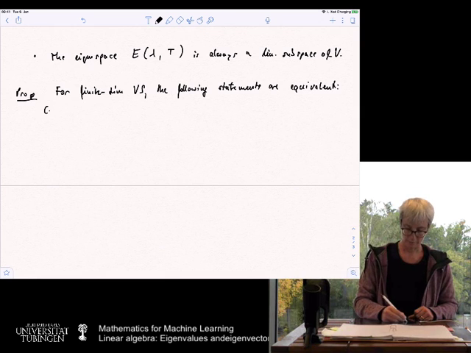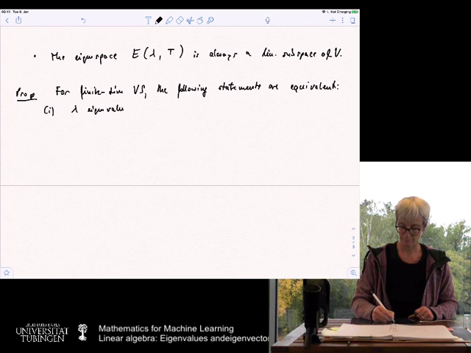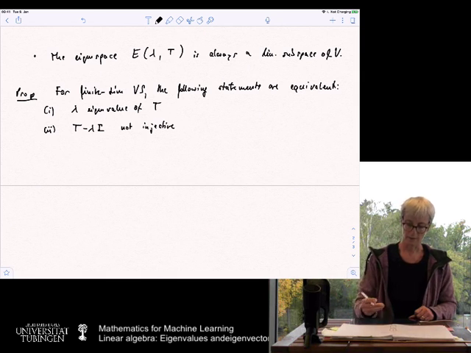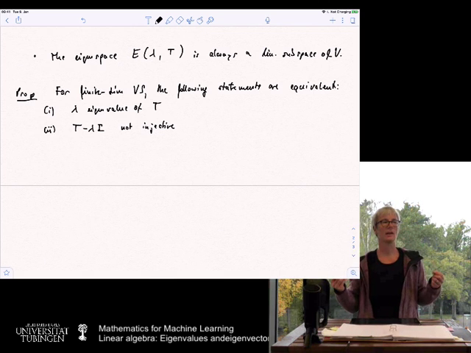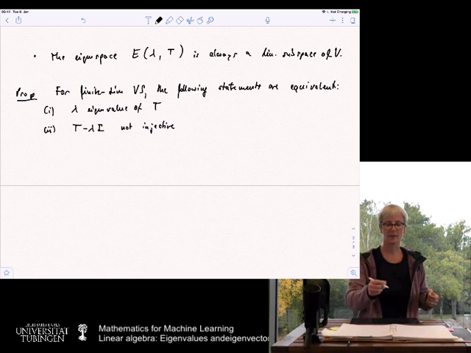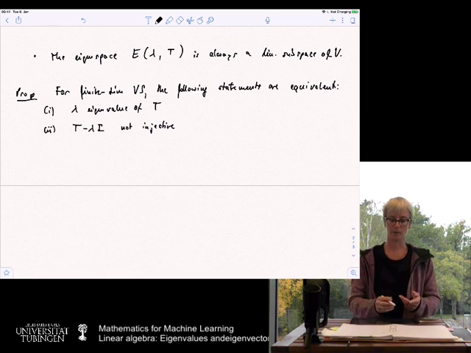The first one, lambda is an eigenvalue of linear mapping T. Then the mapping T minus lambda identity is not injective. And this is easy to see. If lambda is an eigenvalue, then you have an eigenvector, and the eigenvector is exactly the one that lives in the kernel of this mapping, so it can't be injective.